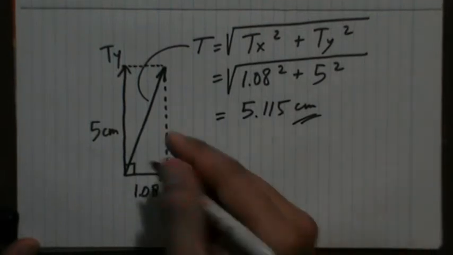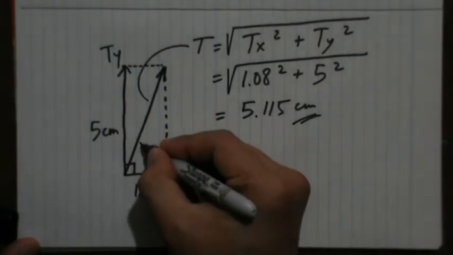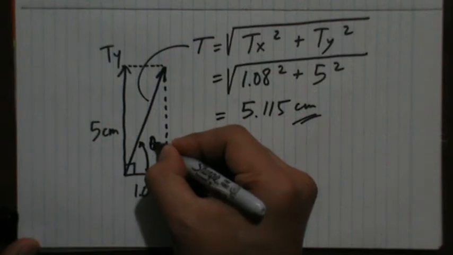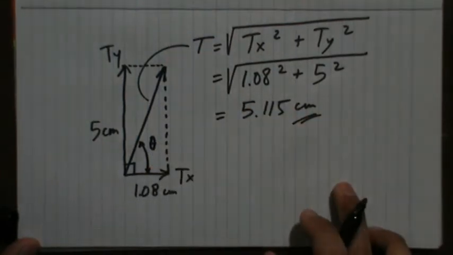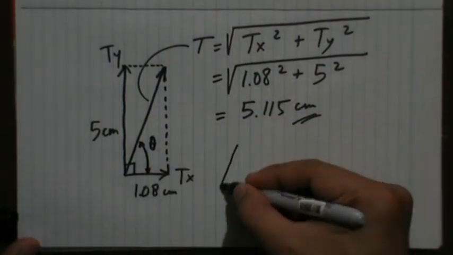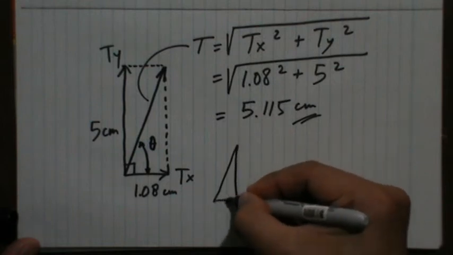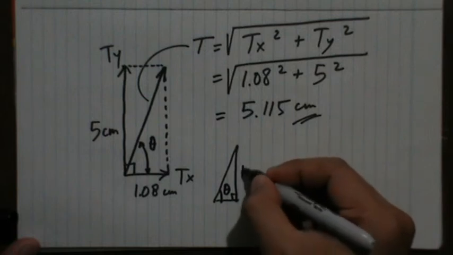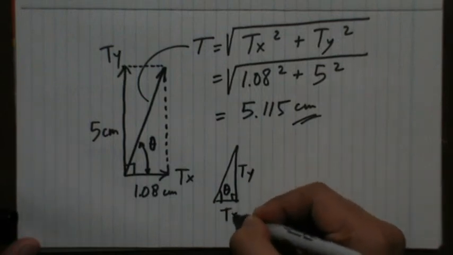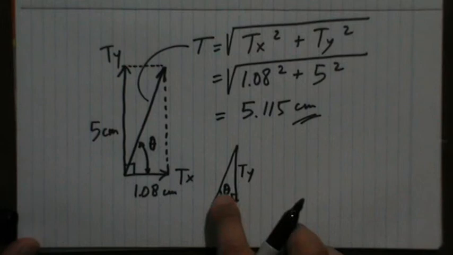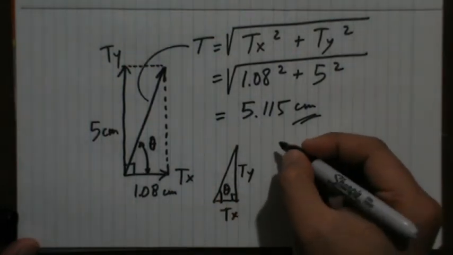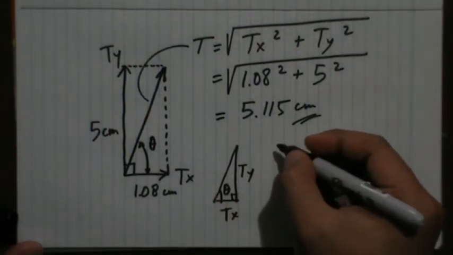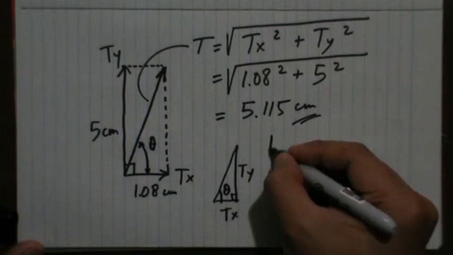You can also find the angle here. Let's call that theta. So now you'll see that you have a right triangle here. This is theta, and this is Ty, and this is Tx. We can find the value of theta here using tangent.